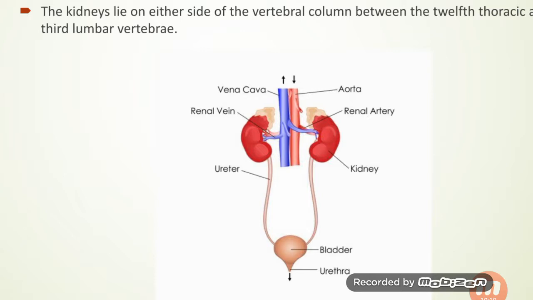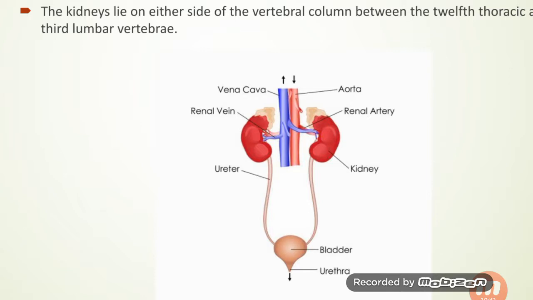The kidneys are located against the dorsal abdominal wall, and they lie on either side of the vertebral column, starting between the 12th thoracic and 3rd lumbar vertebrae. Thoracic region is the chest region that we discussed in the previous chapter.